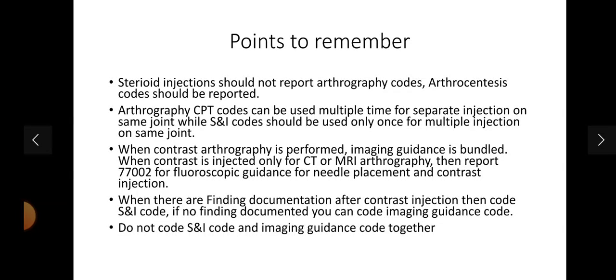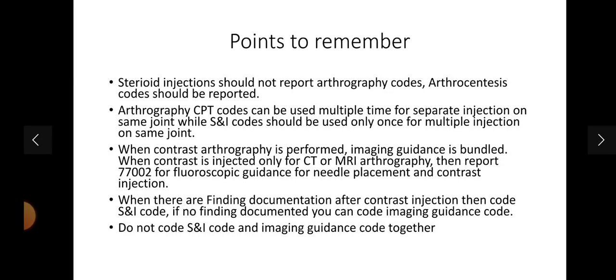If the arthrography procedure is done multiple times on the same joint, the main procedure you can code multiple times, but the SNI code should be used only once for the same joint. You can code the injection multiple times, but the SNI code should be coded once only. So the 70,000 series you can code only once, but the main procedure code will be coded multiple times depending on the number of injections done on that joint.